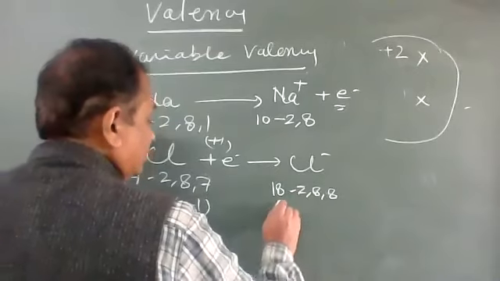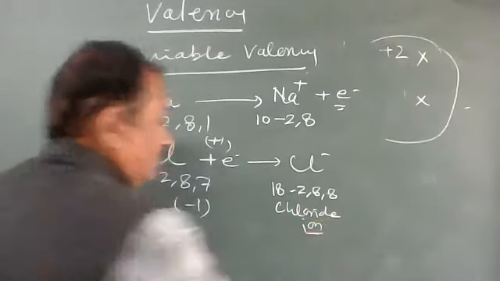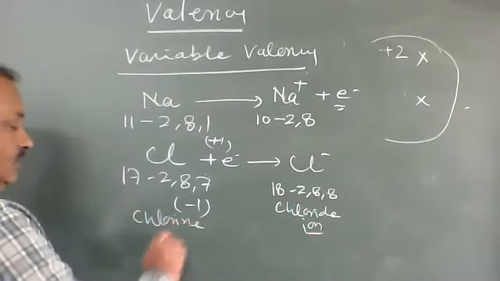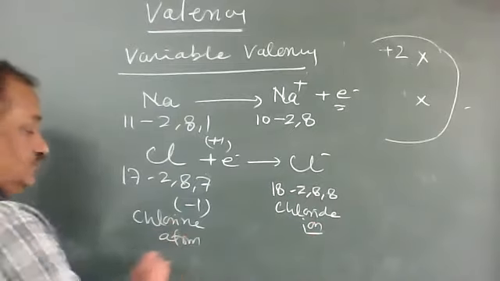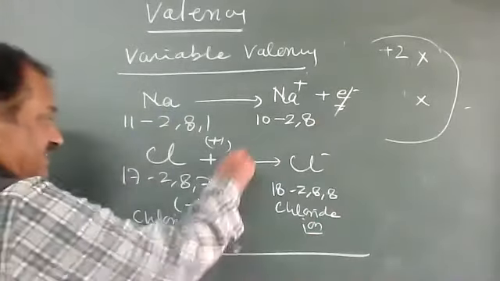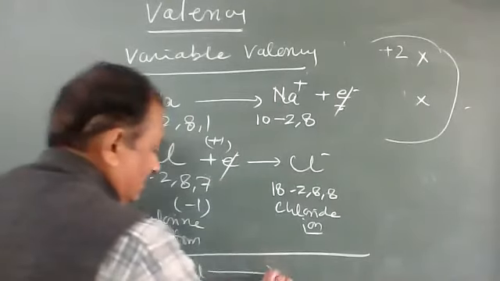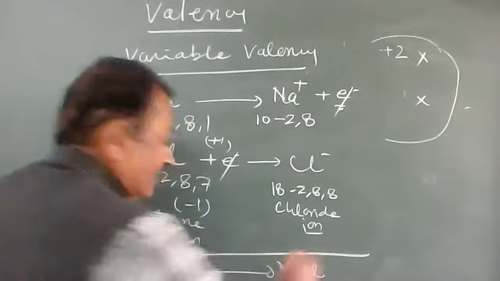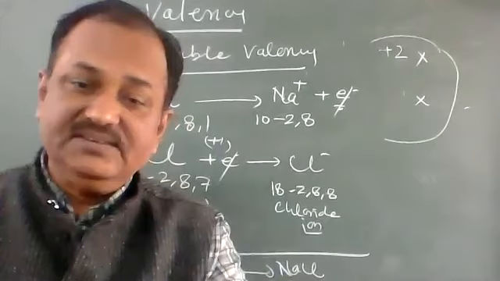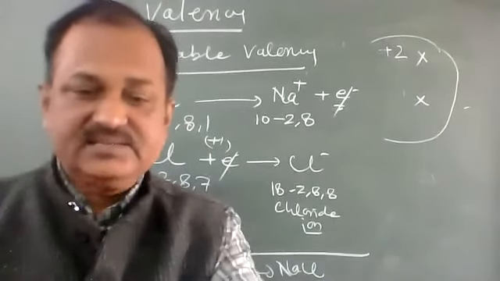This is called a chloride ion. This is the chlorine atom. Thus the electron is lost here and gained there, and so Na reacts with Cl to form NaCl. So there is the reactivity, and this is all about valency.